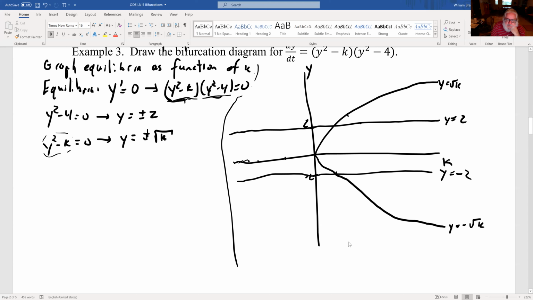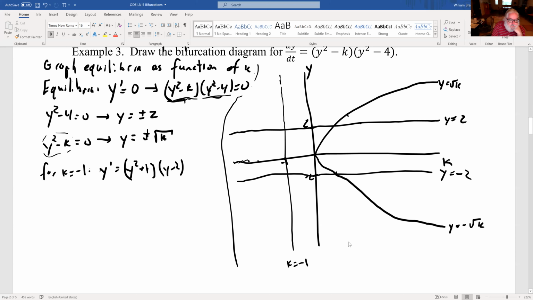So suppose we take k equal to -1. What does the phase line look like if k equals -1? So here's my phase line for k equals -1. My differential equation is (y squared plus 1) times (y minus 2) times (y plus 2), right?